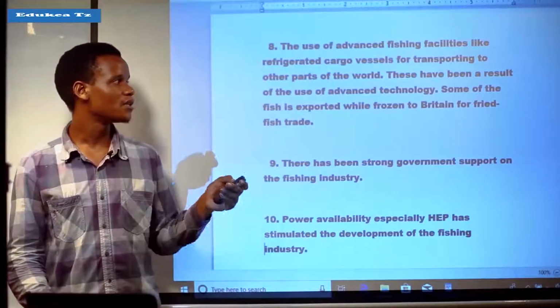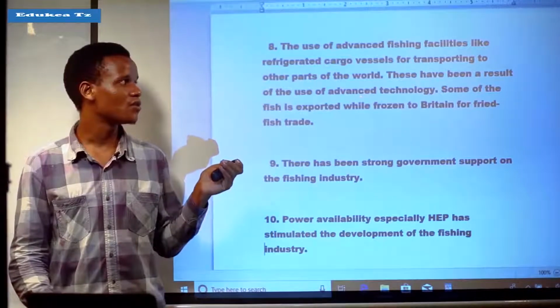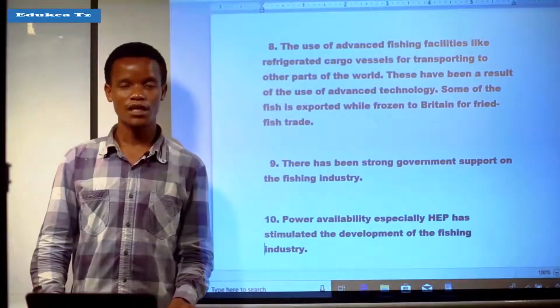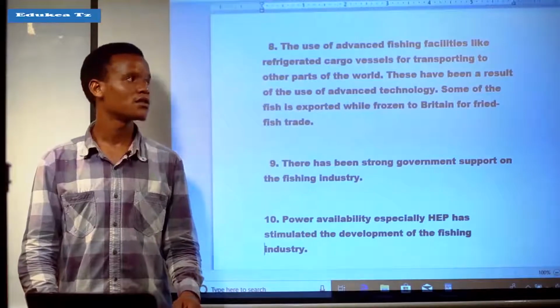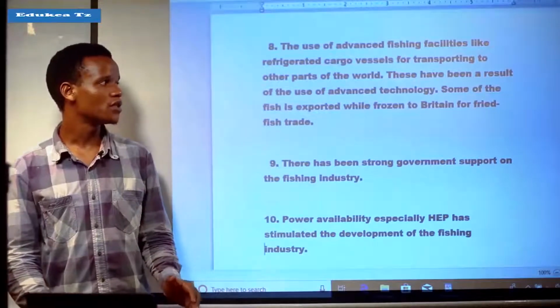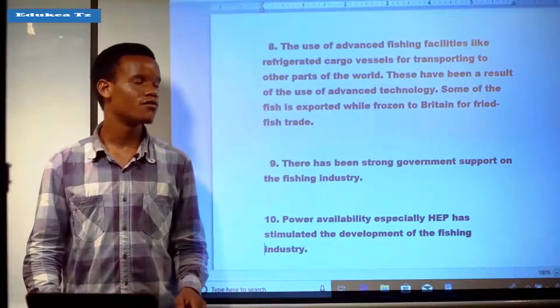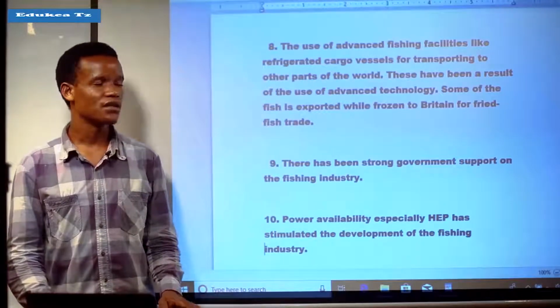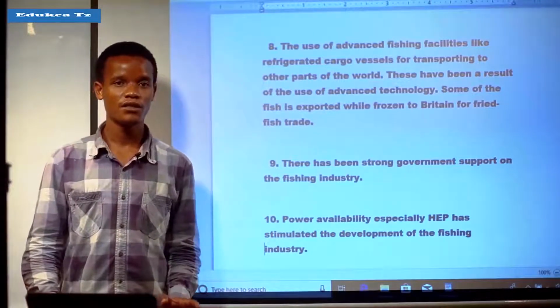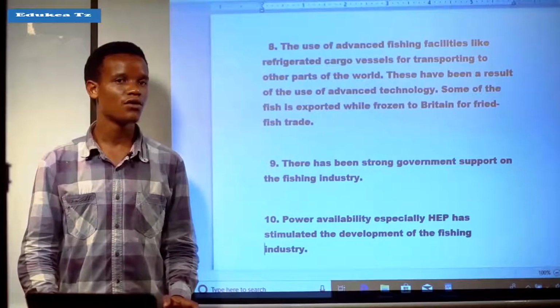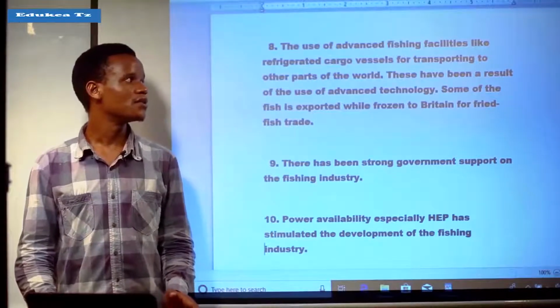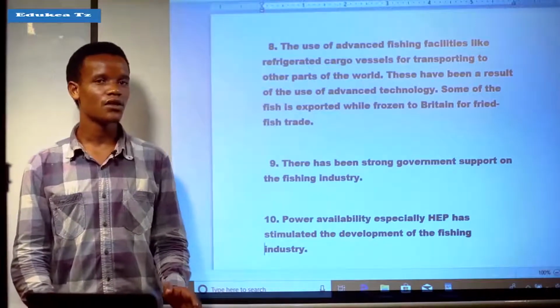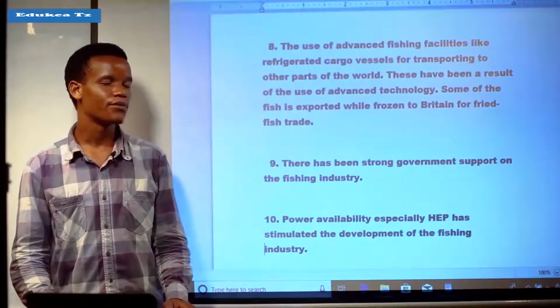So these have been a result of the use of advanced technology. The advanced technology found in the country of Norway contributed much to the development of the fishing industry, since different facilities are produced in Norway due to advanced technology, which encourages the fishing industry to develop in Norway.